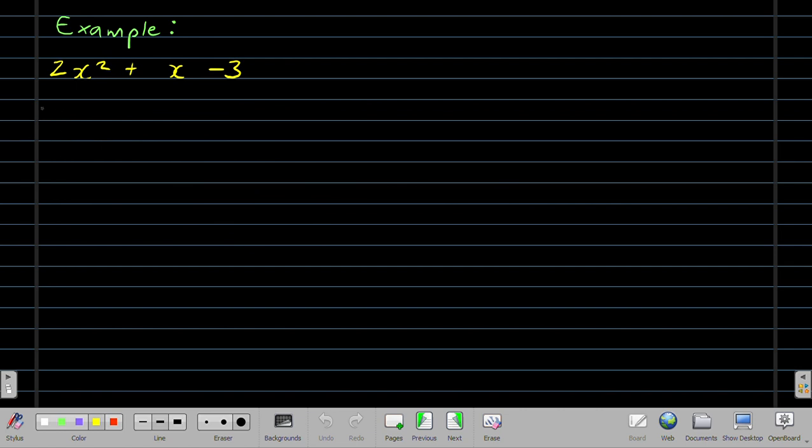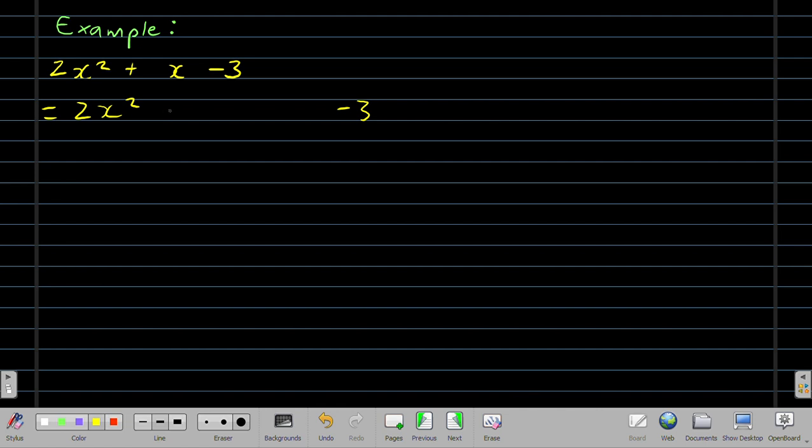So we'll do the same thing again. We have 2x squared, and I'm just going to write the minus 3 here, and I'm going to break apart this x here in order to get a grouping of factors in which I can get a common factor out of them.